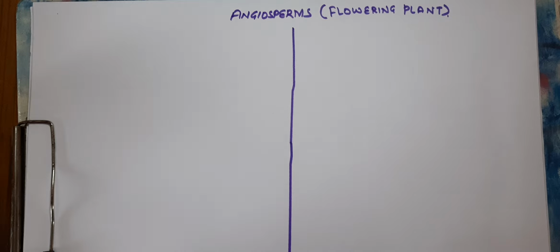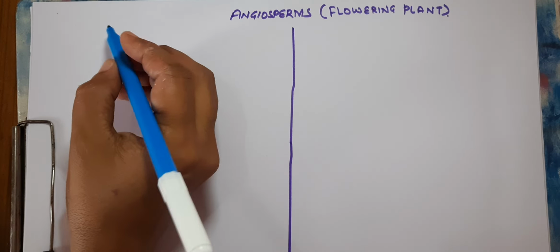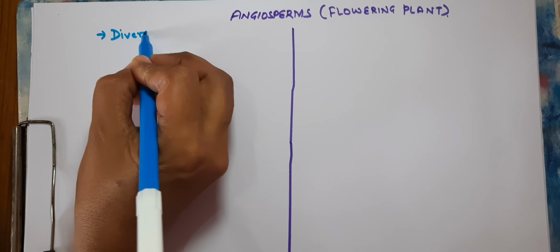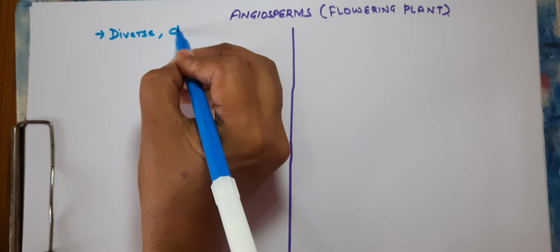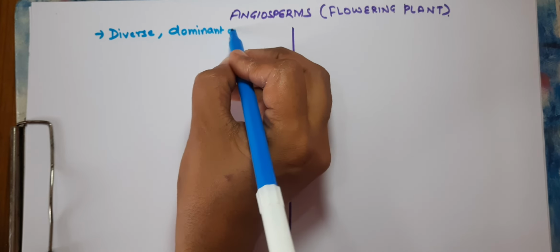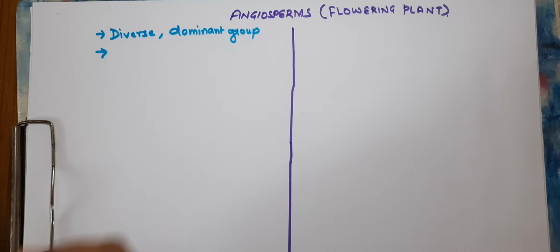So angiosperms, I already told you, are the flowering plants, and they are the most diverse and dominant group in the plant kingdom. What are the chief characteristics of the angiosperm?